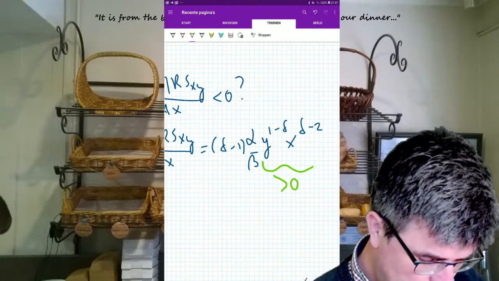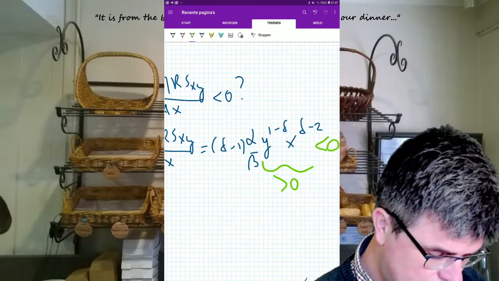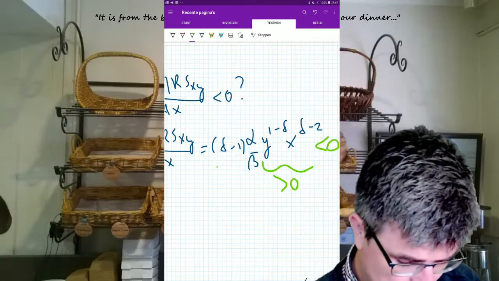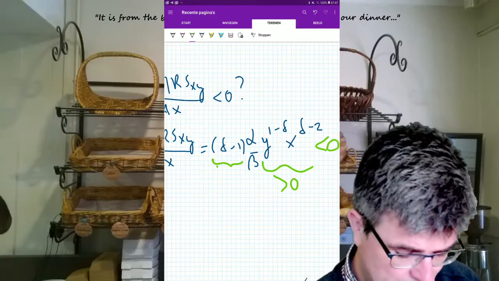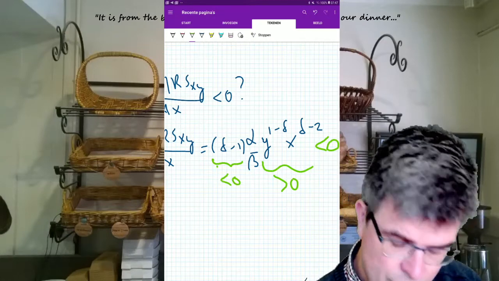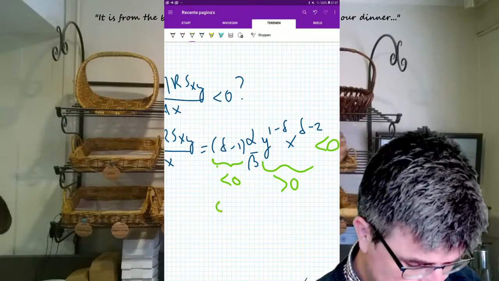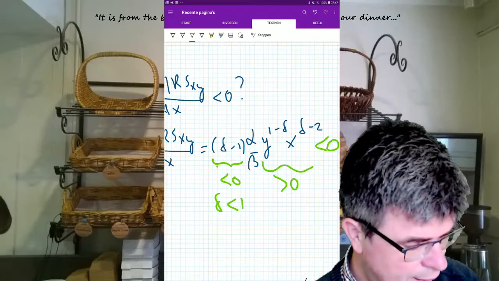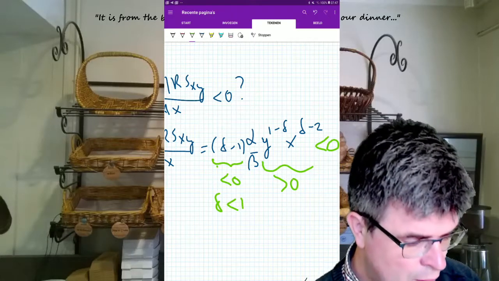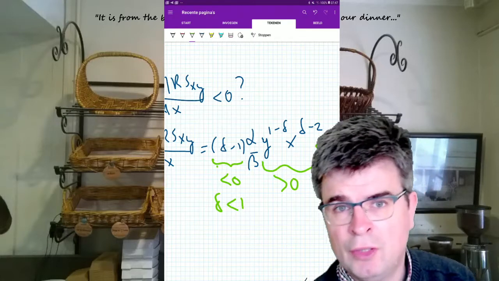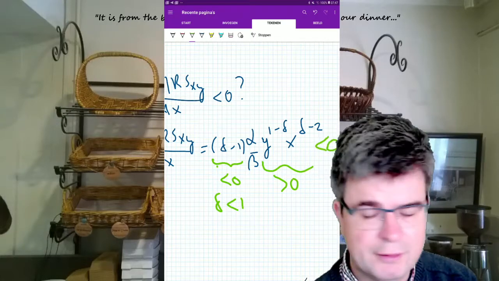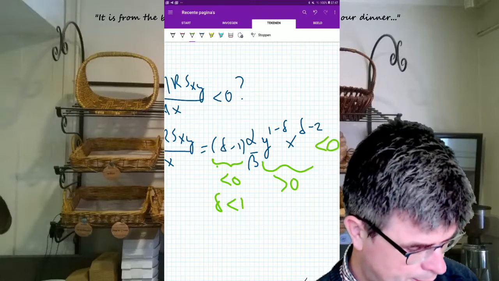So the only way in which this term can be negative is when the first term in the expression, delta minus 1, is negative, and that only holds if delta is smaller than 1. So the marginal rate of substitution is diminishing if and only if delta is smaller than 1.